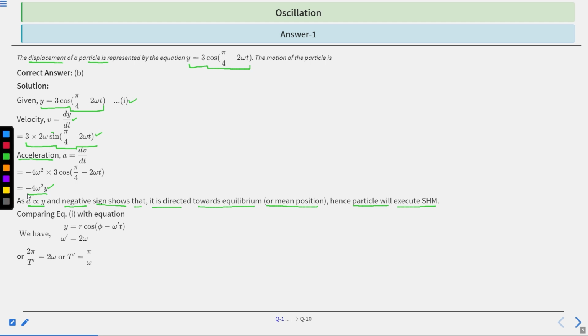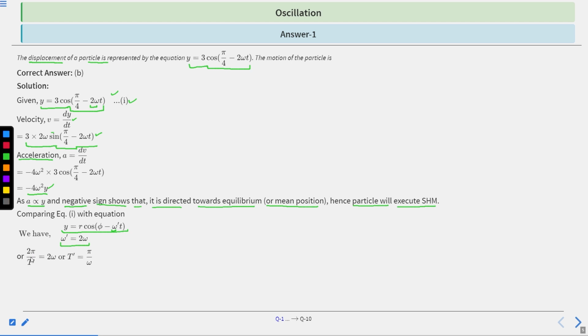So comparing equation first with the standard equation y equal to r cos(phi minus omega prime t), we get r equal to 3, phi equal to pi by 4, and omega prime equal to 2 omega.